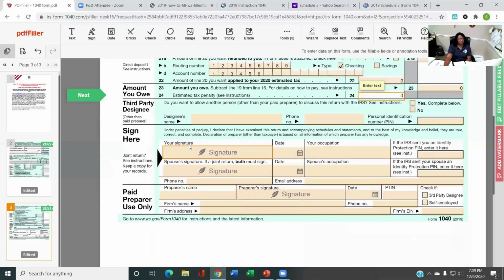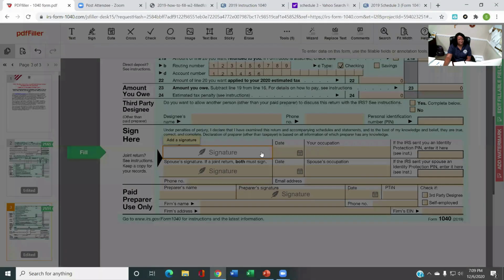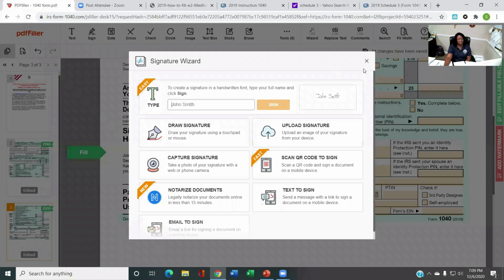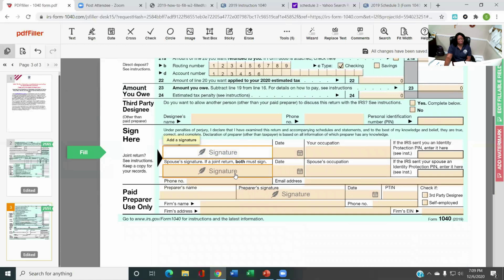And then signing information is done electronically, but if it's not, then you could sign here. You could sign, date, the person's occupation. And this is for the client to sign. This is for them to sign.